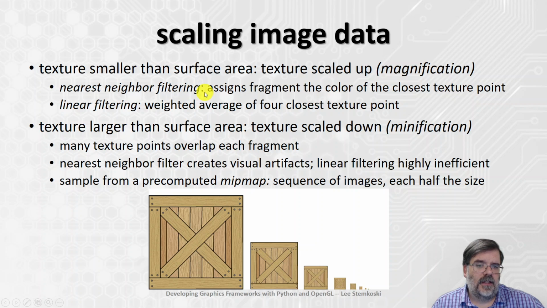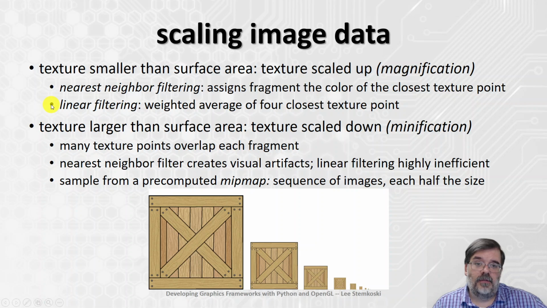The idea is that given a point on the surface, calculate the closest point on the texture and just use the color of that point for the point on the surface. So it basically enlarges the texture, but it's going to cause a very blocky or pixelated appearance. There's no smoothing that goes on with this approach, so it's not used too often.